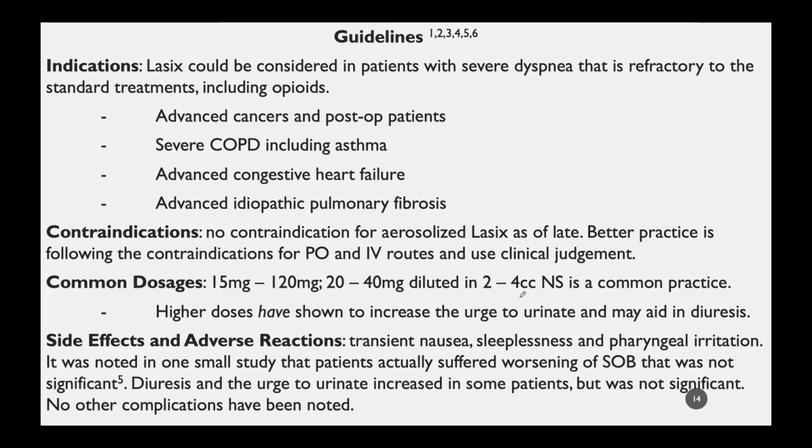Just like pain, shortness of breath cannot be truly quantified, right? A lot of this comes down to samples, who your patients are, and so on, right? However, worsening shortness of breath was not significant. Okay. Diuresis and the urge to urinate increased in some patients, again, not significant. No other complications were noted.